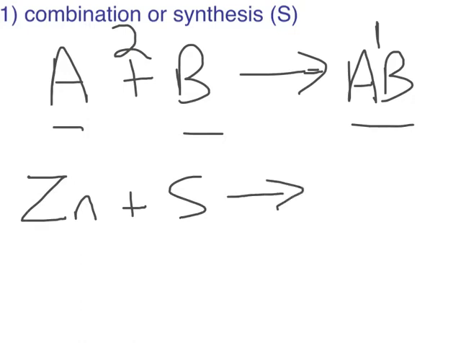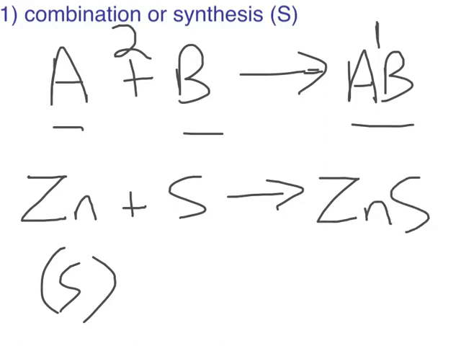Well, I'm going to get some sort of combination of those. Okay, so first of all, you have to identify the fact that this is indeed a synthesis reaction. Once you've identified that it's a synthesis, because it has 2 reactants and neither one of them are compounds, they're both elements, then you can predict that it will be this. So the final product will be zinc sulfide.